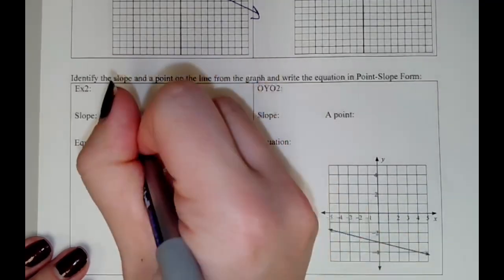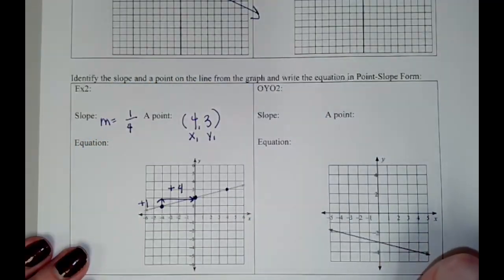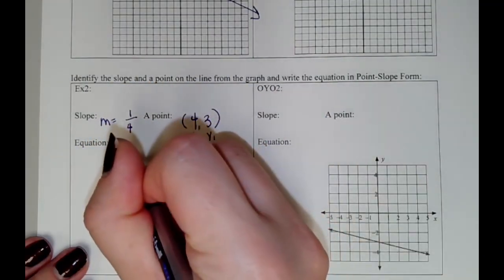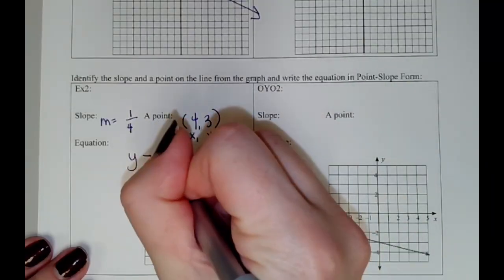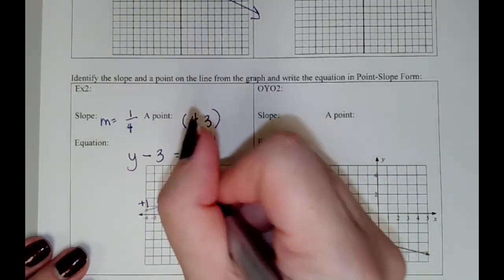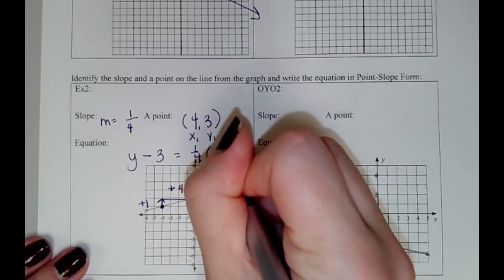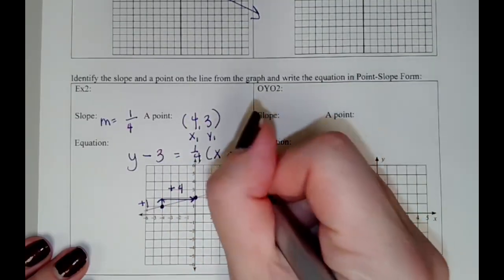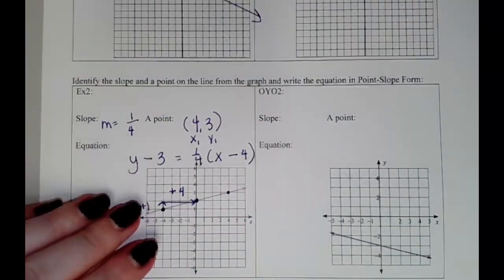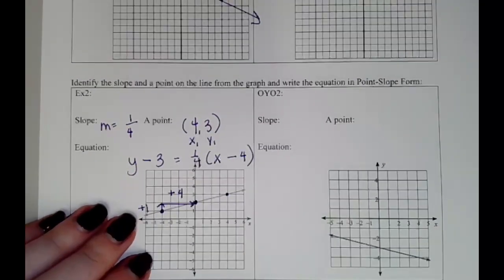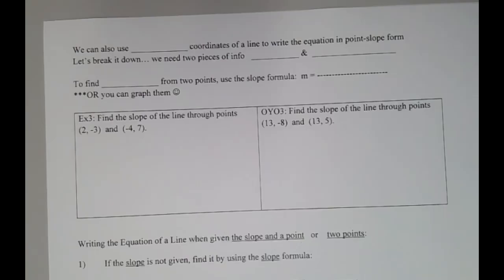So rise over run, that's 1/4. We're ready to write the equation. Y minus y1, which is 3, equals m, 1/4, times x minus x1, which is 4. And that's it for that one. Once again, I am going to skip the on your own. You will be responsible for that. Let's move on to the next part.